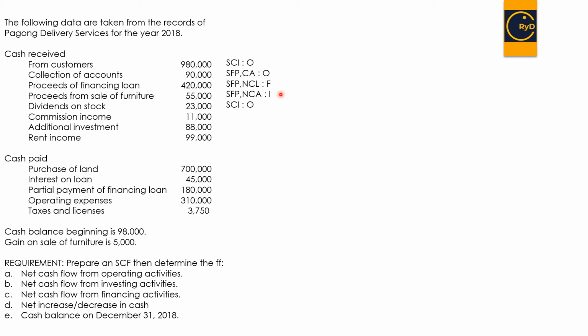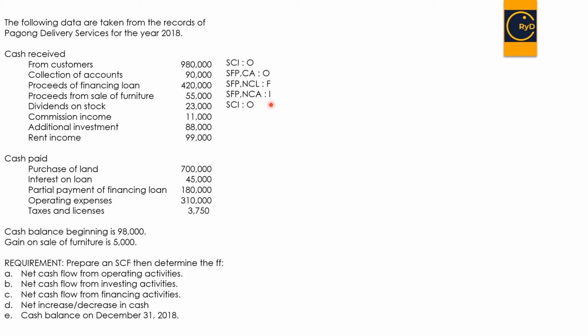Then we have our dividends on stock. This is an additional income class. If you can recall the presentation of our SCI, in the lower portion after our operating income or loss, you add there or deduct the additional income or additional expenses. So in this case, the dividends on stock is an additional income.